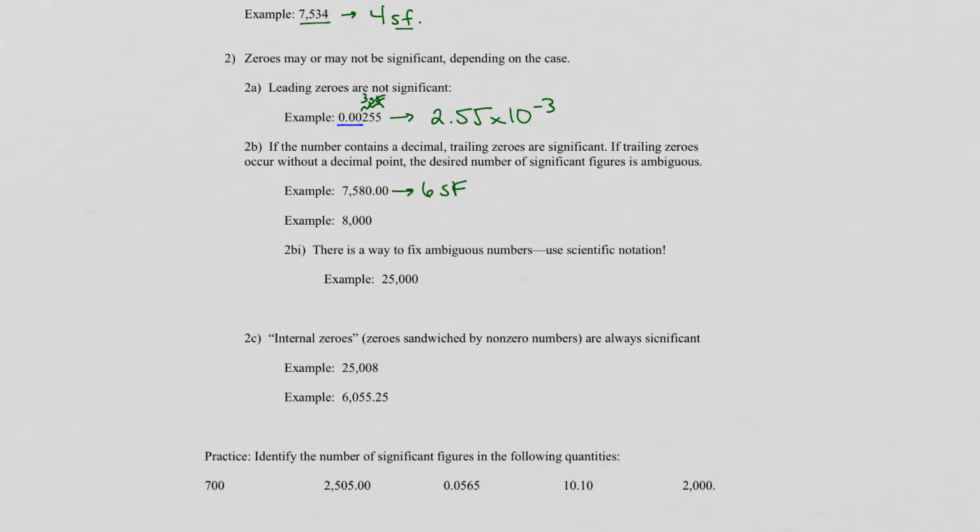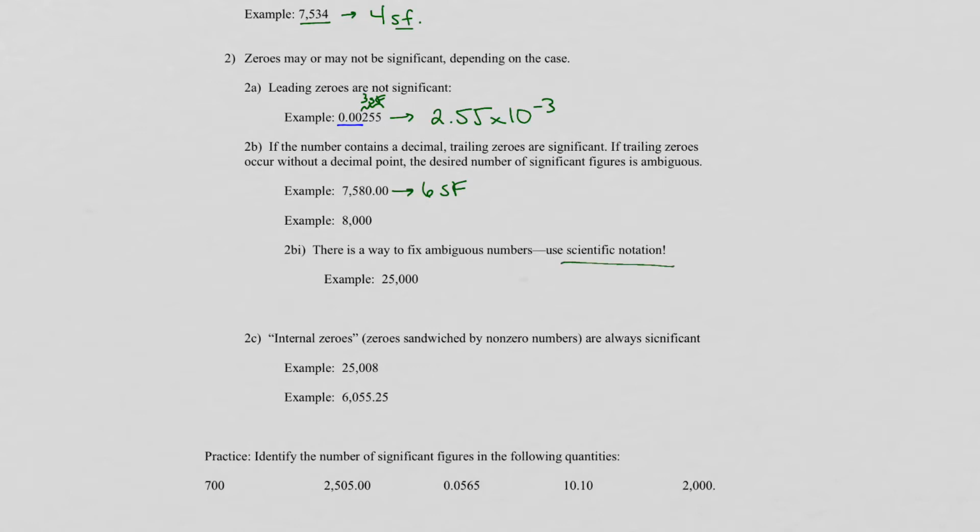There is a way to fix these ambiguous numbers, and it's the same thing that we did up here: change the notation to scientific notation to show the number of significant figures. For example, if we wanted to write 25,000 in a way that showed that it was exactly 25,000, but did not have an ambiguity in terms of significant figures, we would convert to scientific notation.